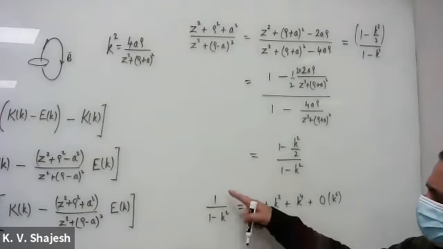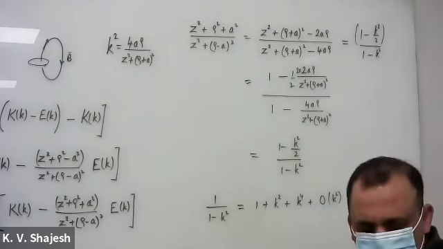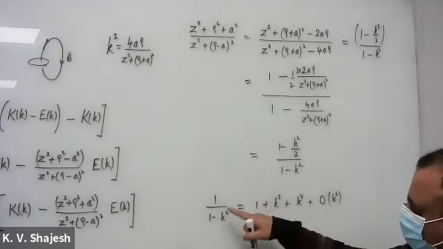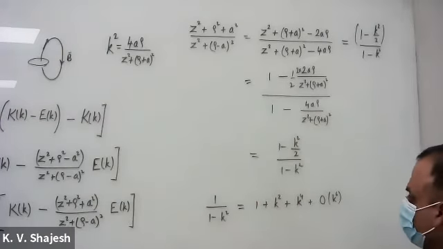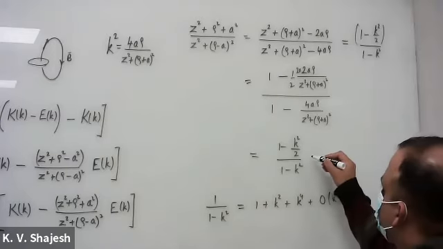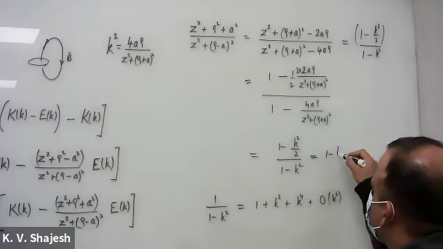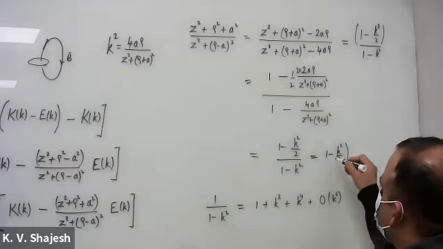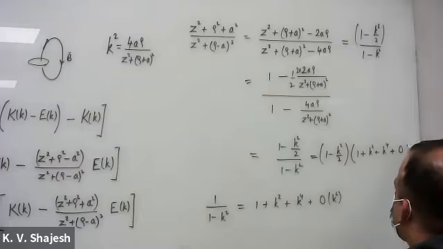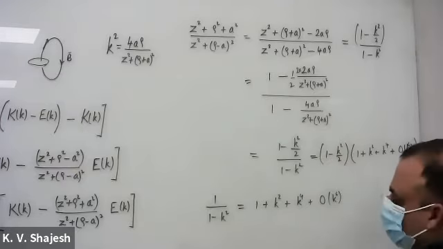That's because for 1 over 1 minus x, the factorials exactly cancel the ones from the power, and that's exactly this. So what I can say is that this is 1 minus k square over 2, and you multiply by 1 plus k square plus k raised to 4 plus order k raised to 6.